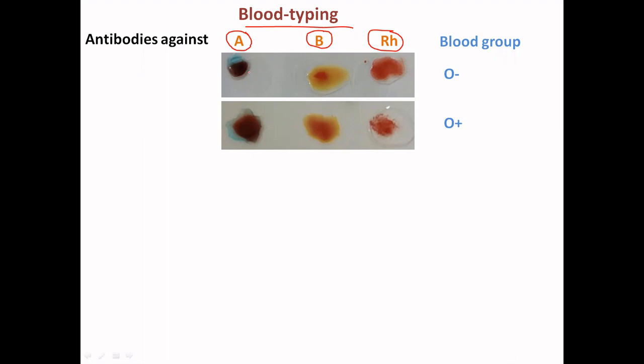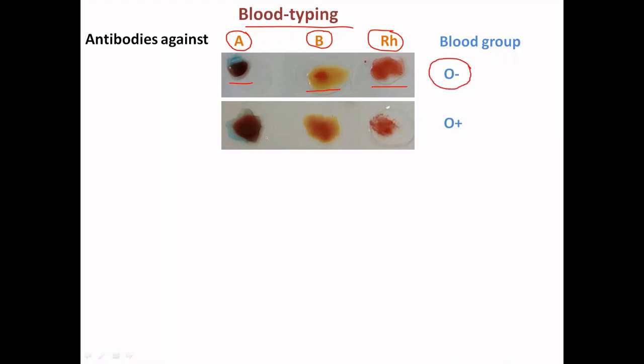Here, this is the blood of the same individual, put on as three spots A, B, and C. In A we don't see any clumping or agglutination reaction. We don't see any agglutination in B as well as the Rh. So this person is O negative.